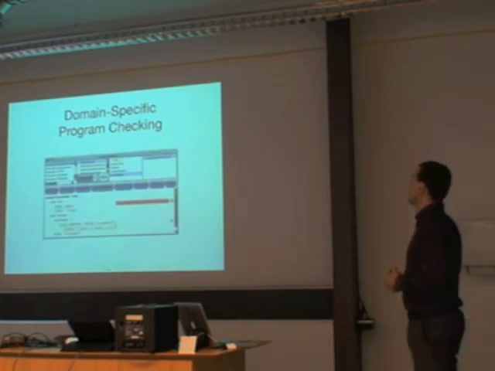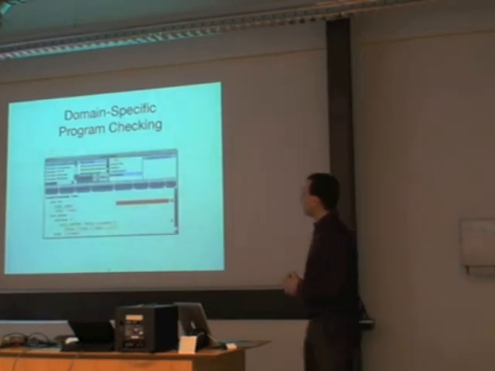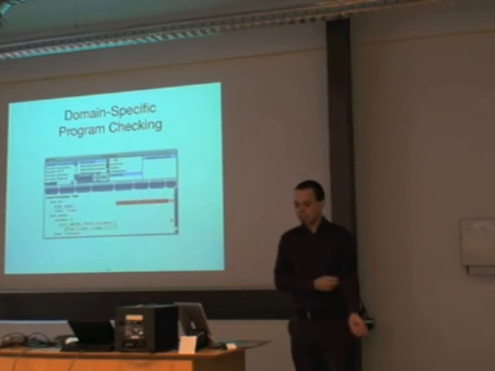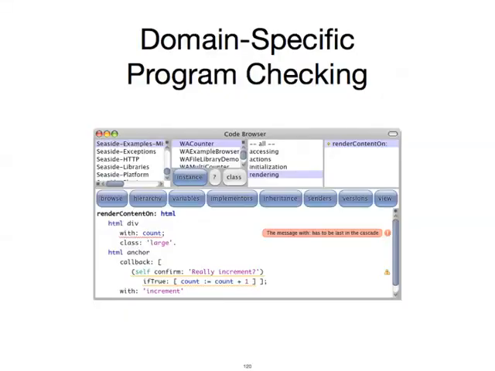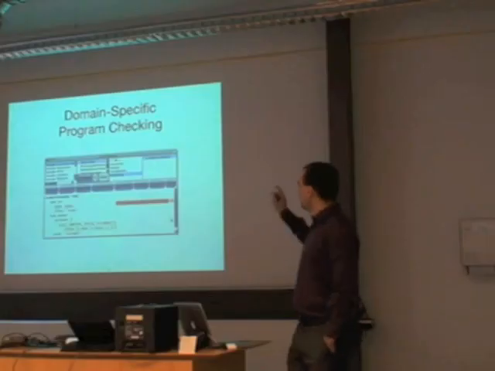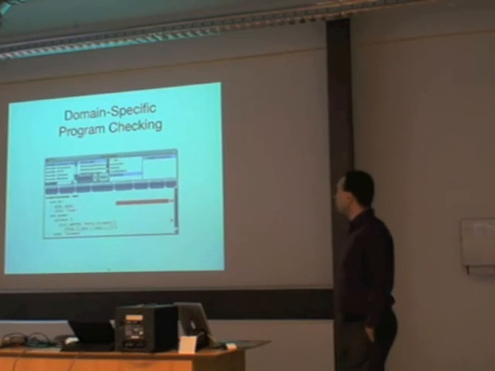Third example that I would like to show is domain-specific program checking. That's, again, quite a special example because it doesn't actually change the language, it just reuses the Helvetia infrastructure in a different context. And what it uses it for is program checking of internal domain-specific languages. This is something that was not supported by the tools.